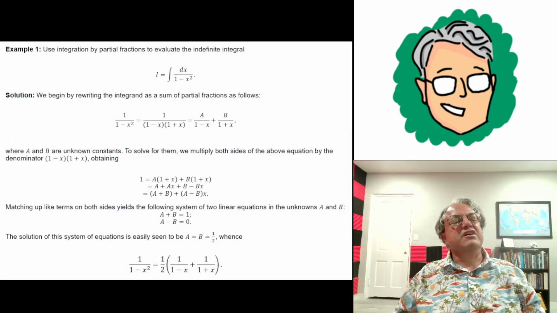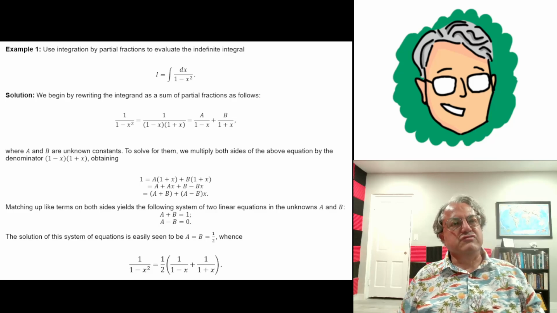Here's a simple example. Suppose we have the indefinite integral I equals dx over 1 minus x squared. In this case, we're integrating the rational function 1 over 1 minus x squared. The first thing we want to do is factor the denominator. It's pretty easy to see that 1 minus x squared can be written as 1 minus x times 1 plus x.